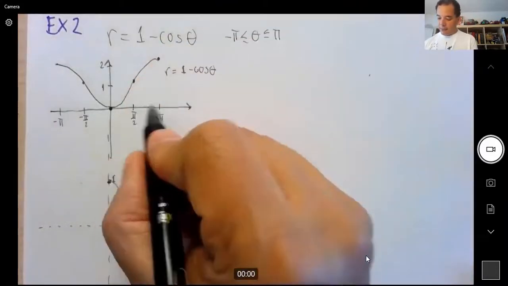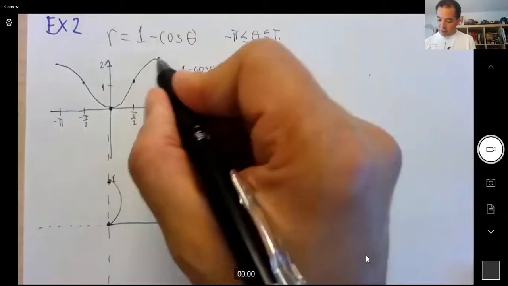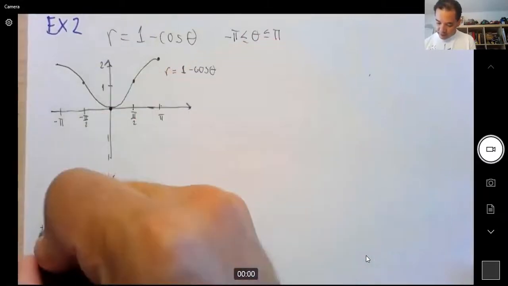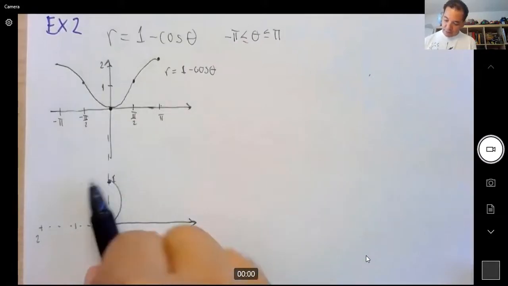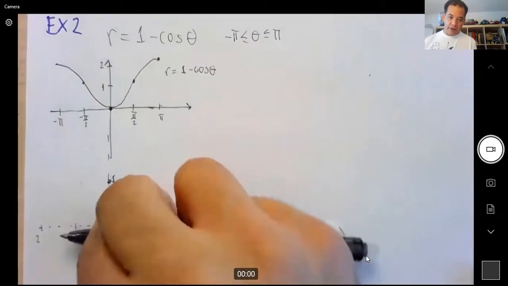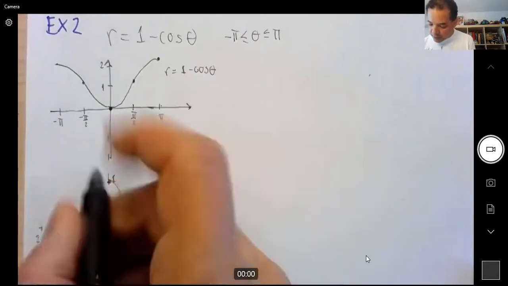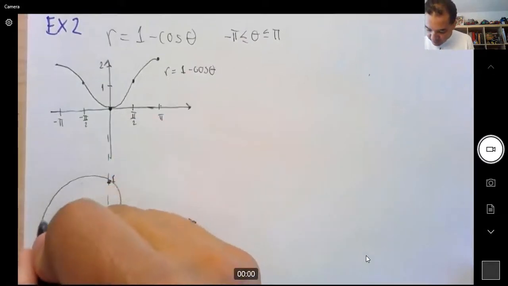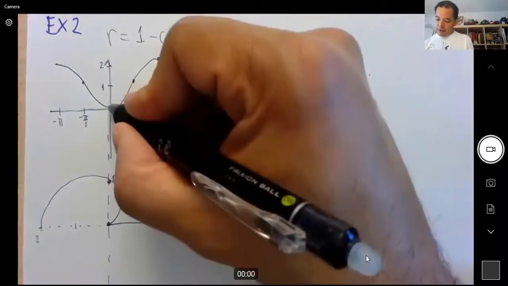Then from pi over 2 to pi, it grows even more all the way to 2. So 2 is over here, 2 units, right? As we sweep from 90 degrees to 180 degrees, it's going to grow even more all the way to 2. So it's going to go like this. Okay, and that's it. We did this part.